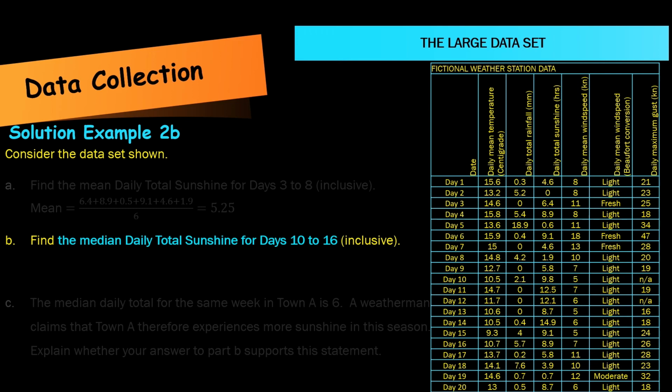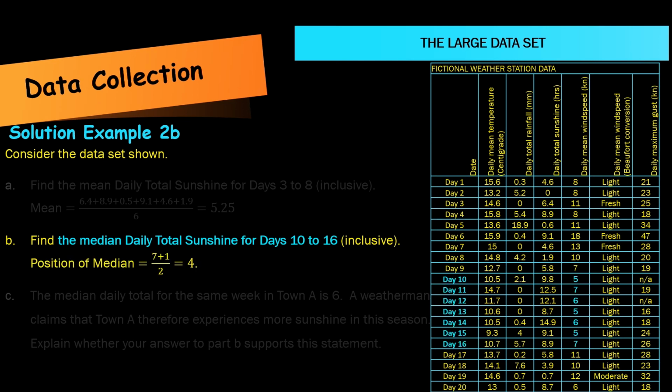We are required to find the median daily total sunshine for days 10 to 16 inclusive. So highlighting the days in question, we can find the position of the median. We're considering 7 days, as shown here.